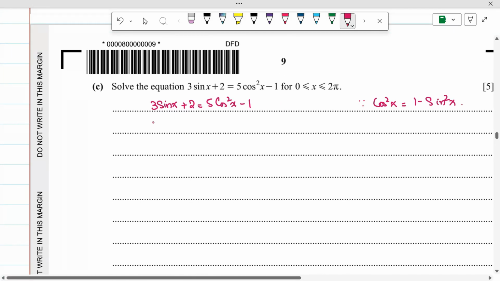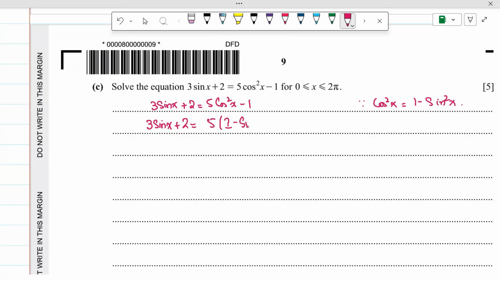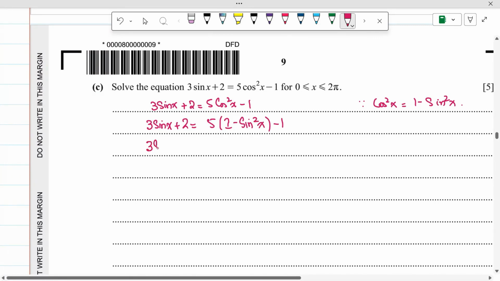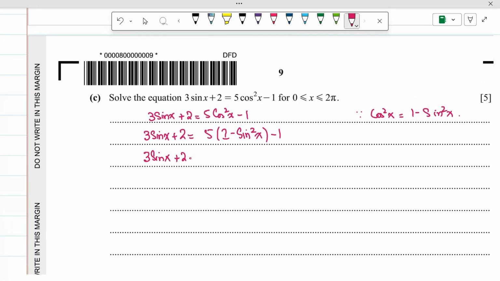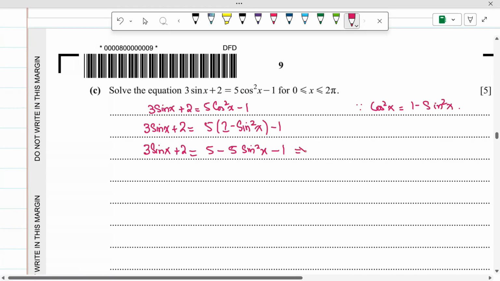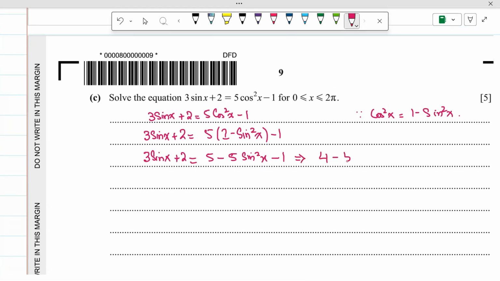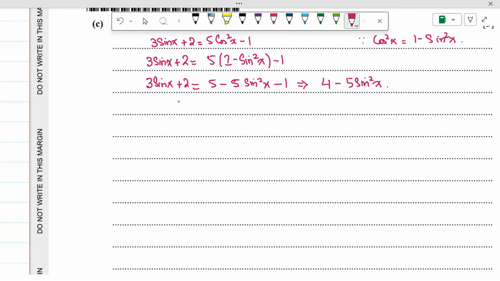Plugging in this value, we will have 3 sine of x plus 2 is equal to 5 times 1 minus sine square x minus 1, and this one is equal to 5 minus 5 sine square x minus 1, which is equal to 4 minus 5 sine square x.